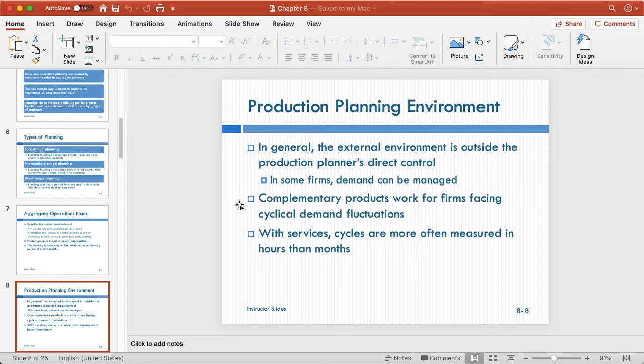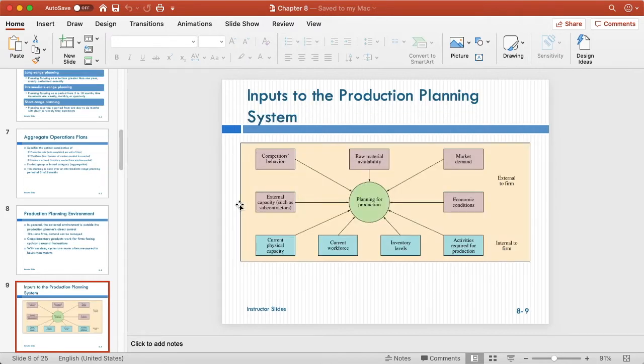Now, the production planning environment. The aggregate operations planning is affected by both internal and external factors. Let's look at this picture directly. No matter whether they are internal or external, all of those factors constitute the production planning environment.